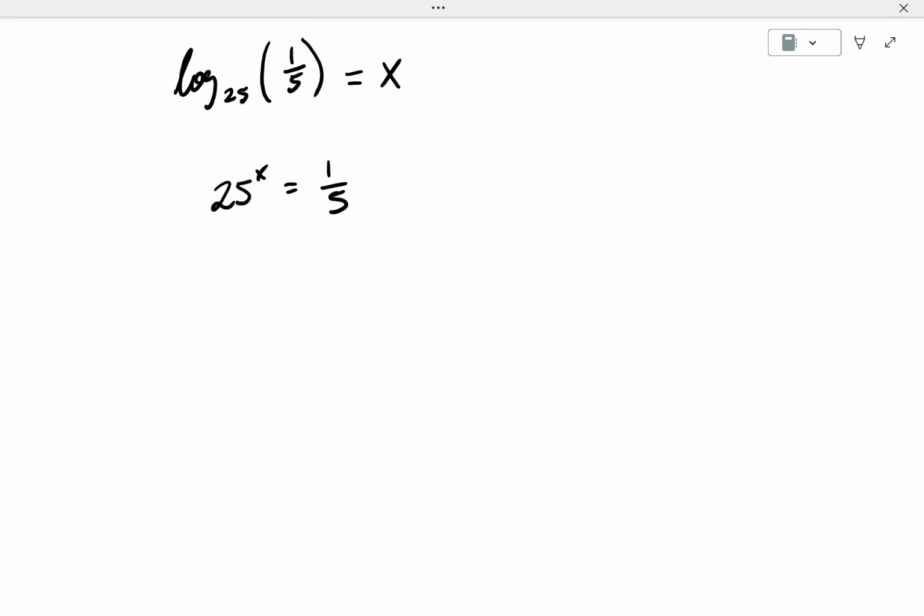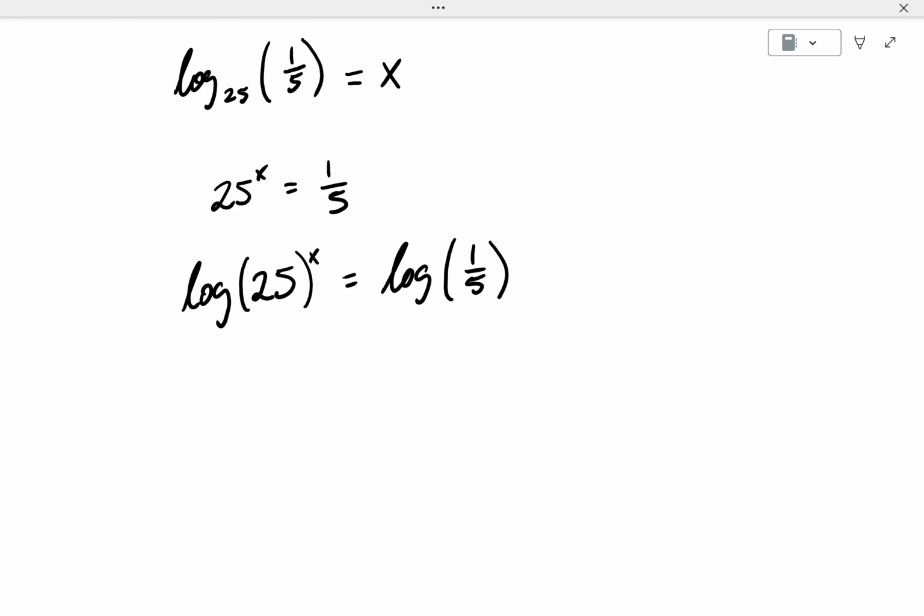We can also do what's called taking the log of both sides. So we can write this as log of 25 to the x is equal to log of 1/5. Now, another one of our properties is called the power rule.